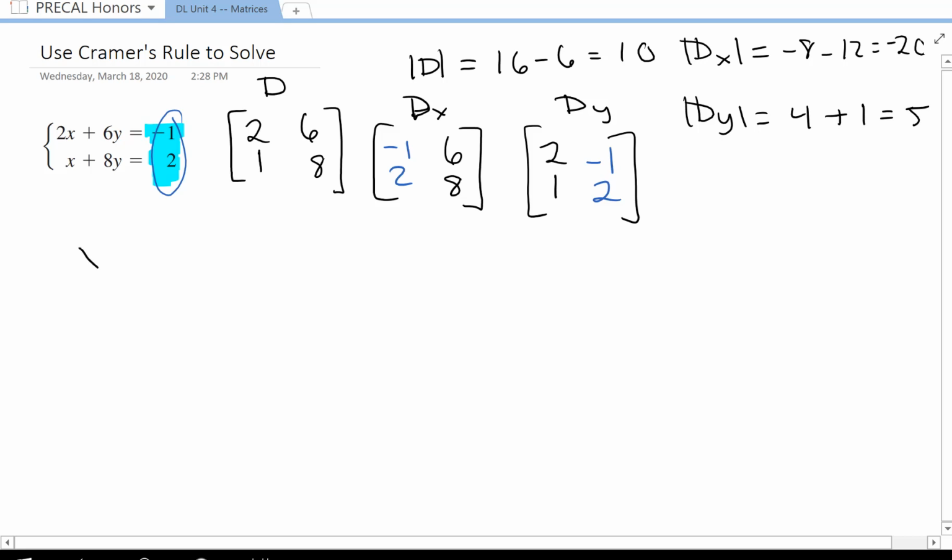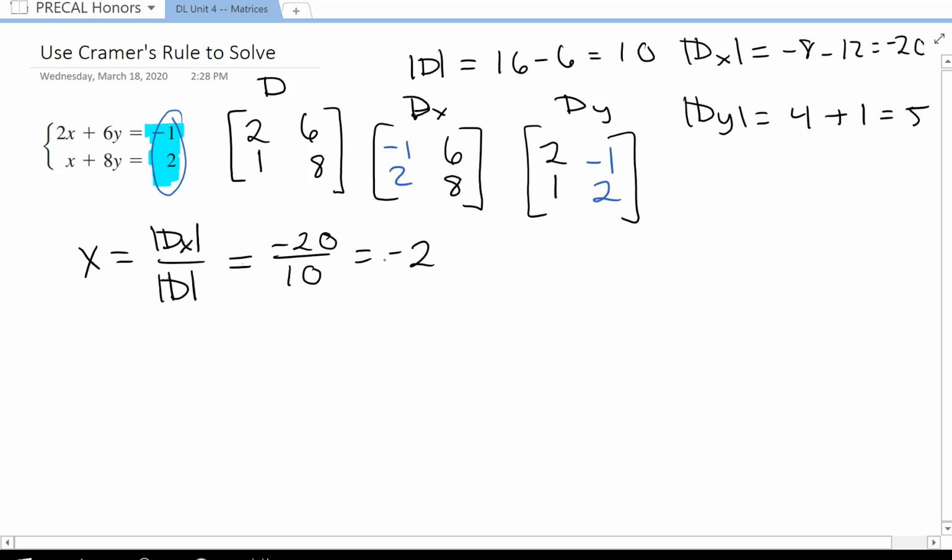Okay, so to actually solve for x, we take the determinant of the x matrix over the determinant of the coefficient matrix. So we have negative 20 over 10. That's negative 2.